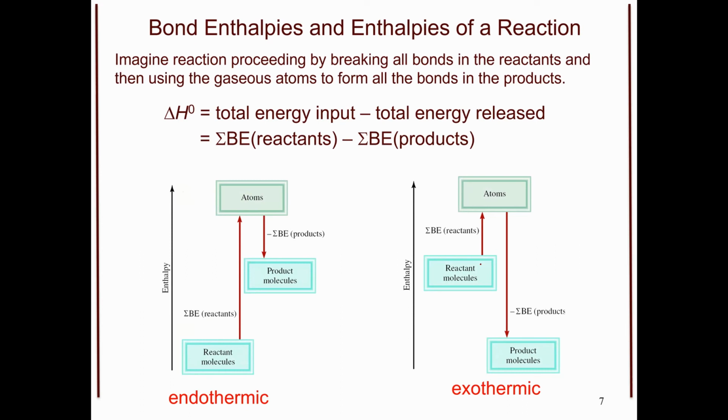So our total energy input is going to be endothermic, and that is going to be our reactants, while hopefully our total energy released is going to be exothermic and will be our products. This might differ from what we will get to eventually, where we keep talking about products minus reactants, but in this case, it's better to remember bonds broken minus bonds formed. This is going to be a much better use for you.